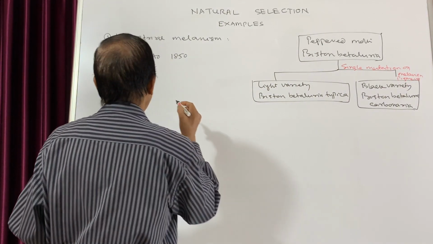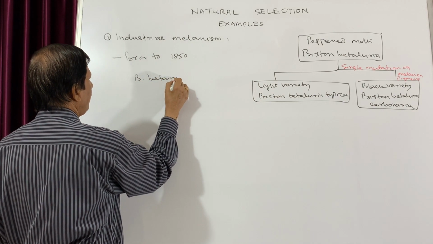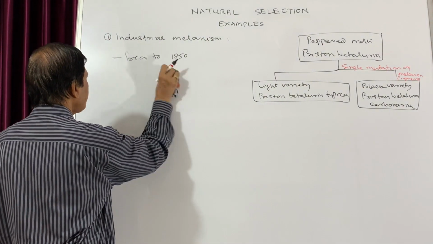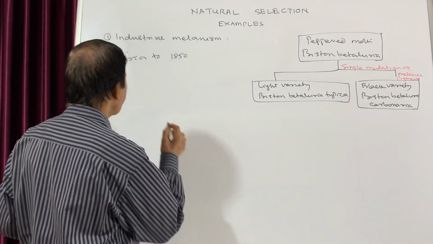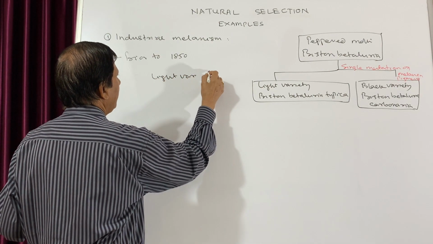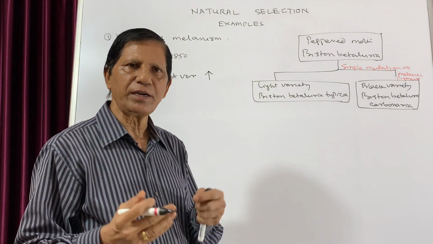That means the number of the light variety increased because they are not detected by their predators.